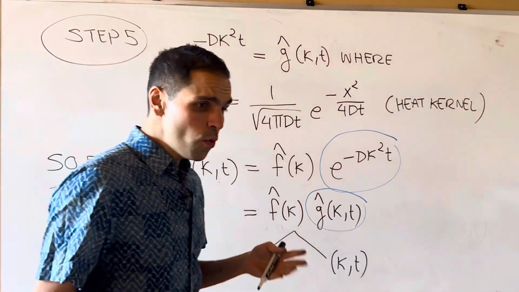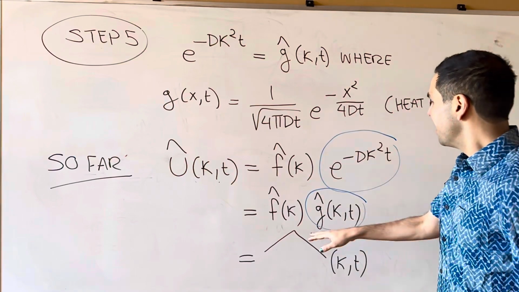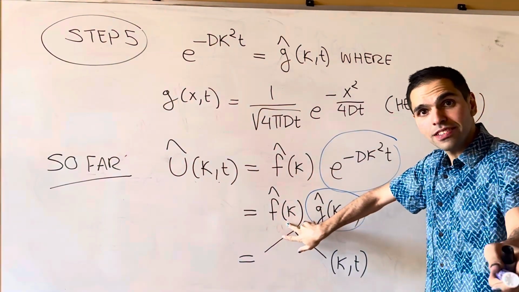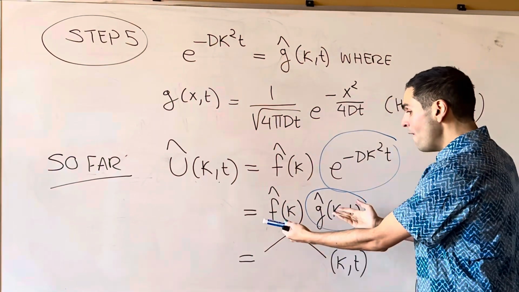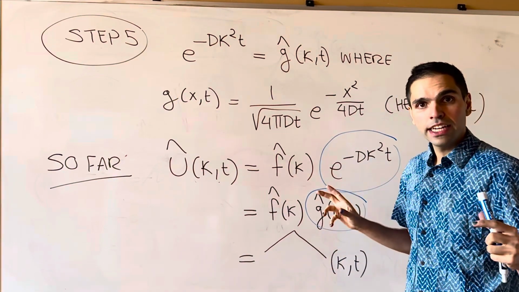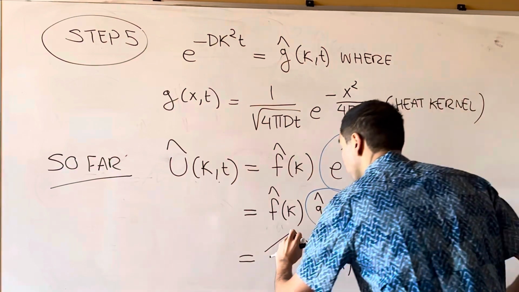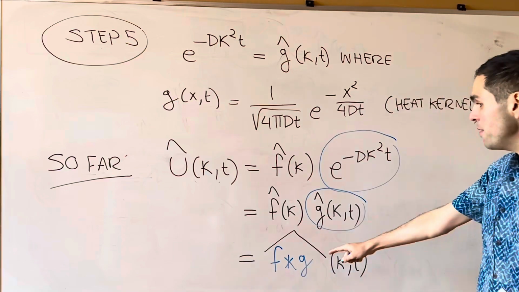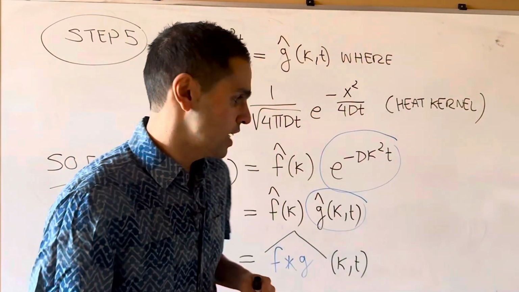Now, before we were stuck, but now what helps us is precisely the thing we were talking about in the previous video. So how can we combine the multiplication of two Fourier transforms precisely using convolution? So in other words, this is the same thing as the Fourier transform of f star g.